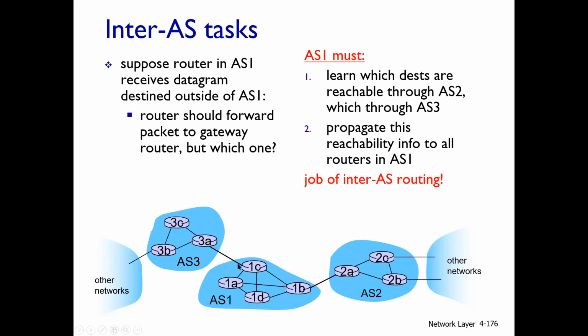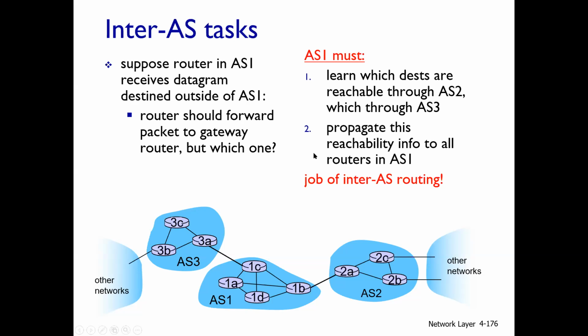But the question then becomes which particular border gateway router do you need to get to? So, for example, here you've got two border gateway routers which connect AS1 to AS2 and AS3. AS1 is connected to AS2 via 1B. It's connected to AS3 via 1C.